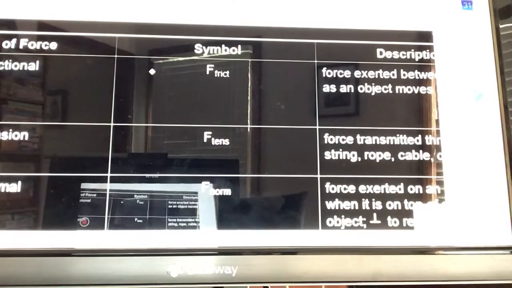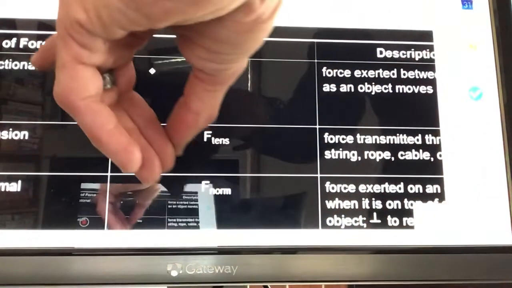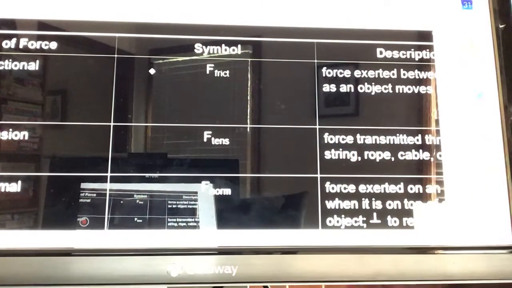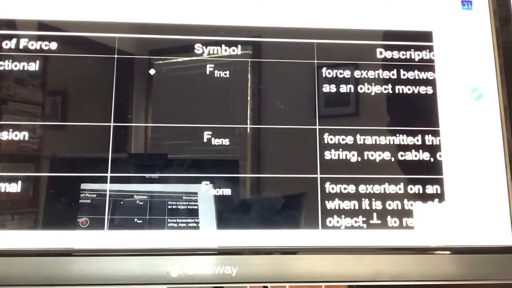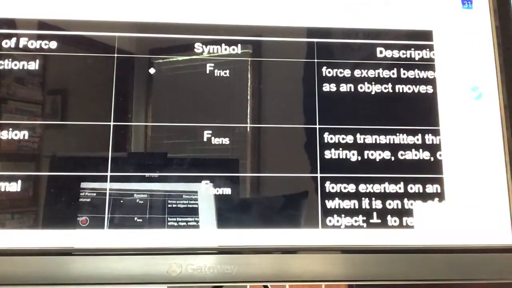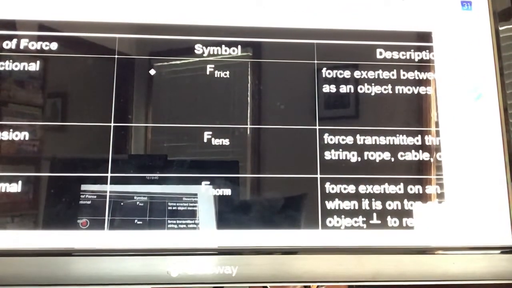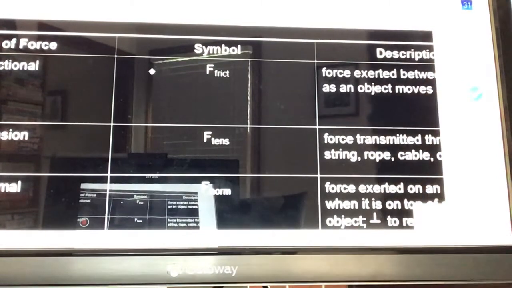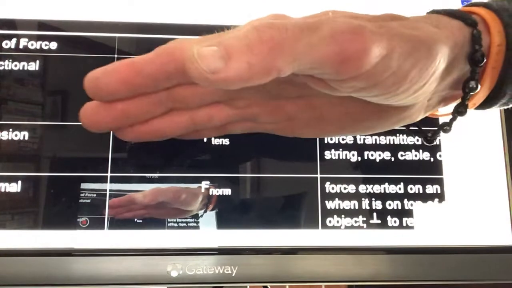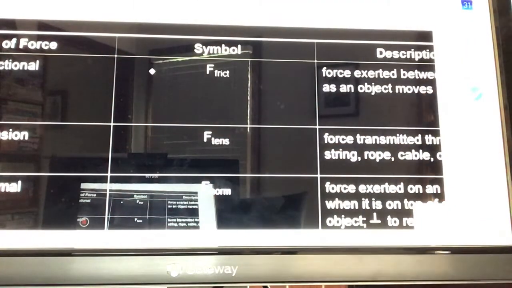Frictional force, F fric, between the ground and the object, goes against the motion, between the wheels and the ground, between the book and the table, whatever is being pushed or pulled. Tensional force, F tension, is force transmitted by usually a rope or a spring, something hanging from a rope or a cable like an elevator, as I mentioned in the last video.